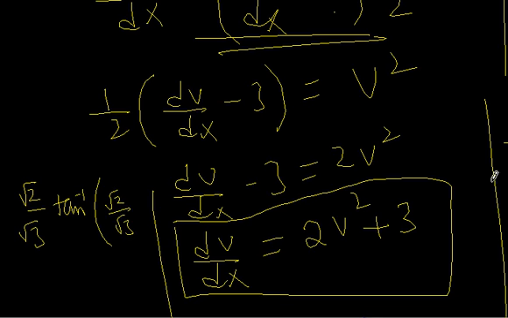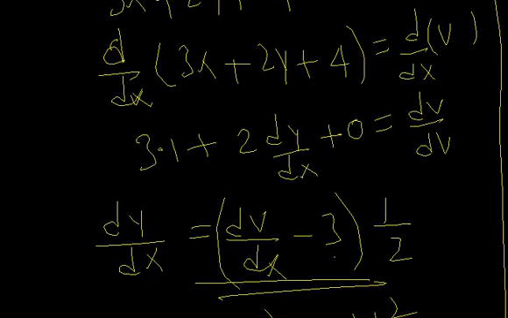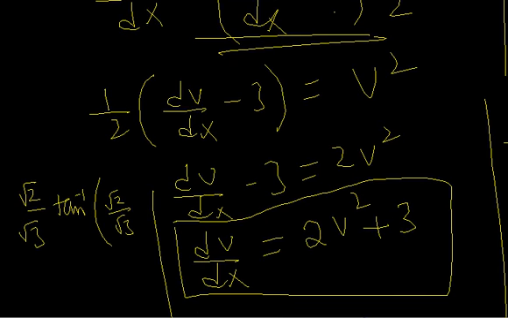V is nothing but 3x plus 2y plus 4. So here I'm writing root 2 over root 3 times tan inverse of root 2 over root 3 times 3x plus 2y plus 4, plus some constant k. This is the final answer.